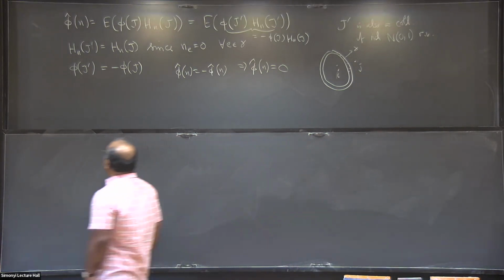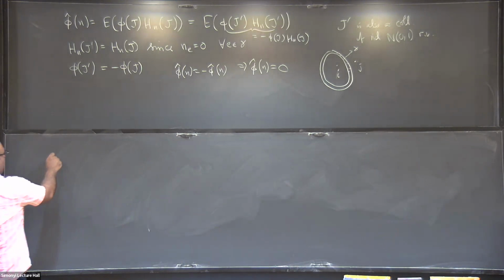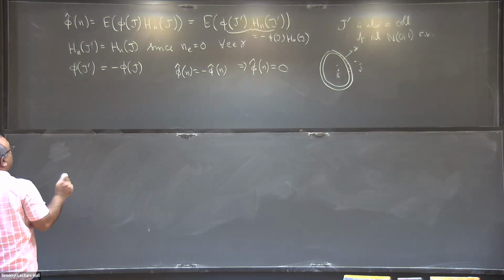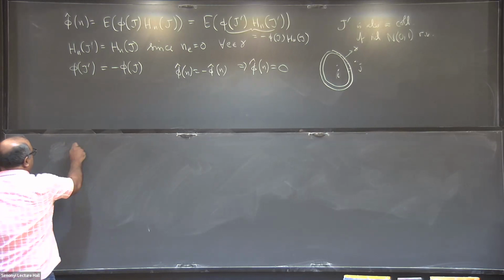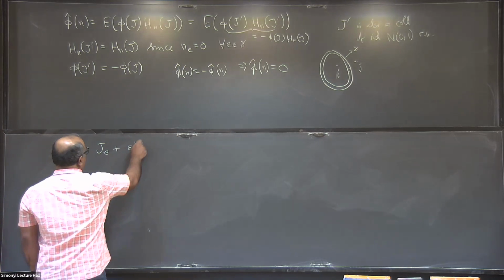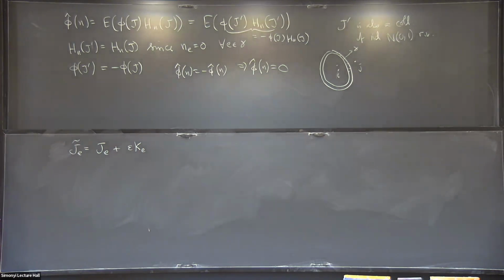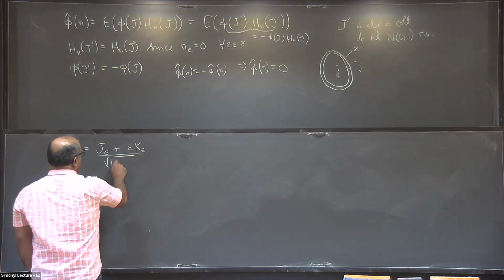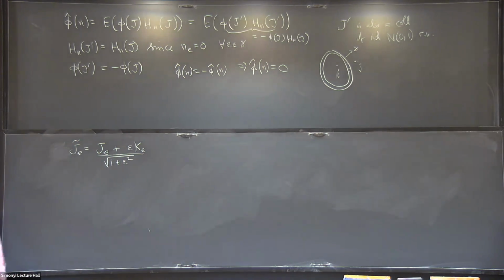Okay, so you have this. So now you remember that the new coupling, I should give it some name, J_e tilde, is J_e plus epsilon K_e, where you have an independent Gaussian, but it doesn't matter if we also put in this factor because it's not going to change the ground state. If you scale the couplings by a constant factor, it's not going to change.